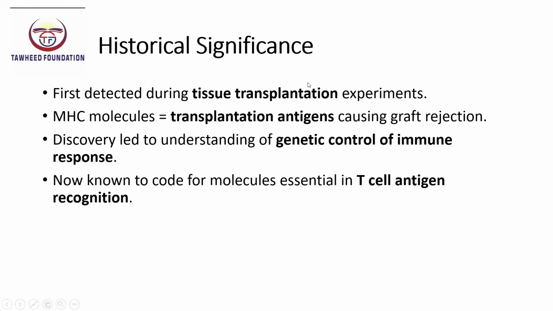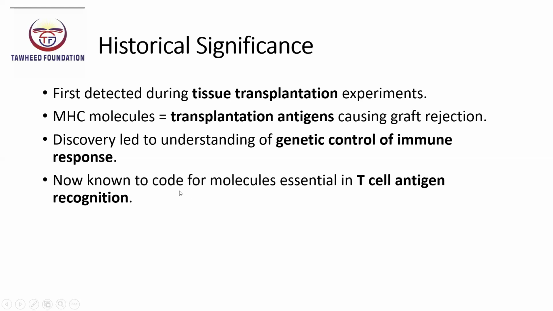Next is historical significance. The MHC was first detected during tissue transplantation experiments, where it was observed that grafts between genetically non-identical individuals were rejected. The molecules responsible were termed transplantation antigens. The discovery of MHC revolutionized immunology, shifting it from a descriptive science to a molecular understanding of immune regulation.